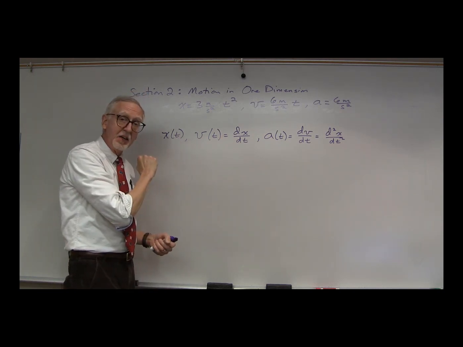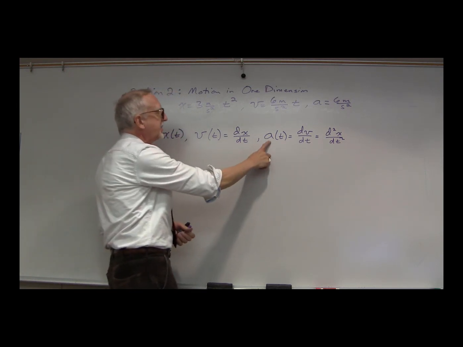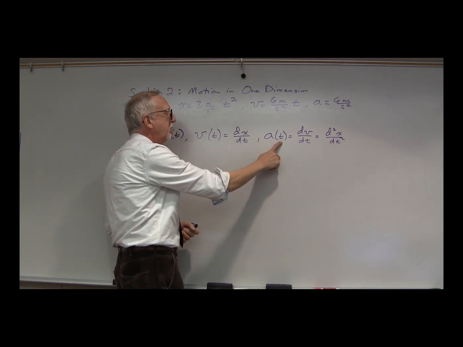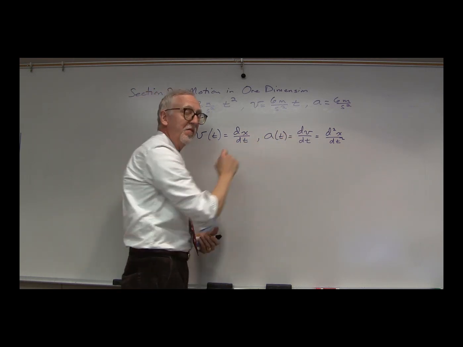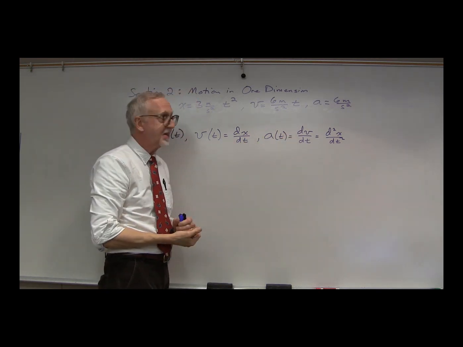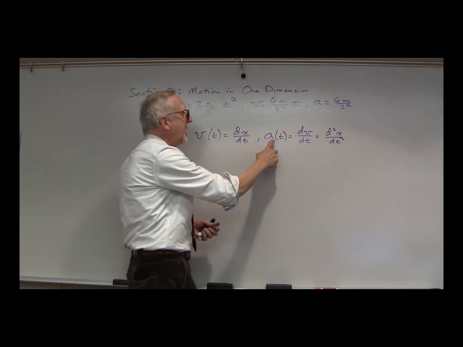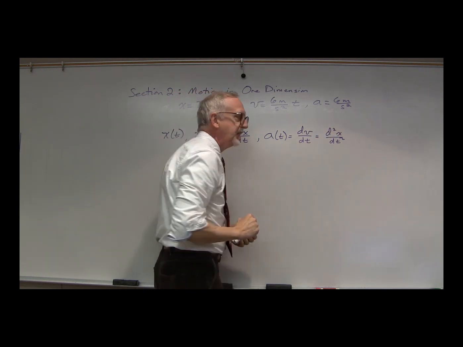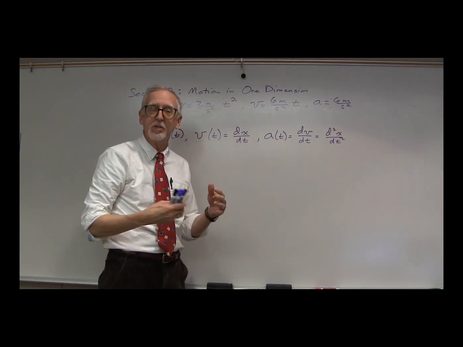That's the instantaneous velocity, which we'll just refer to as the velocity from now on. The acceleration, which we found in general is a function of time, is then the first derivative of the velocity with respect to time. So dv/dt, but with v equal to dx/dt, a is then d squared x/dt squared, the second derivative of the position with respect to time.